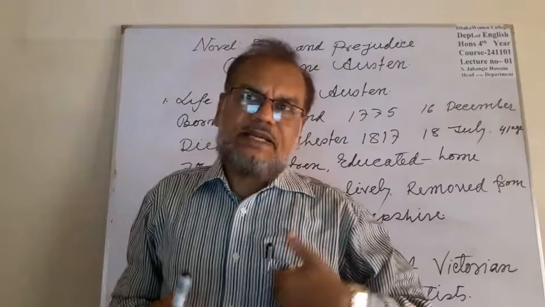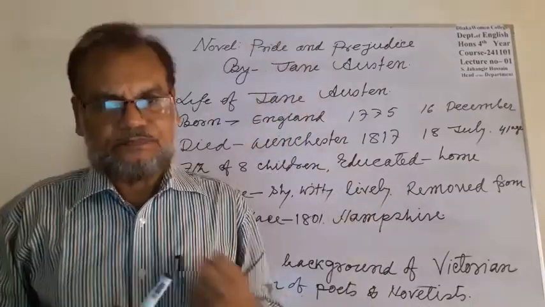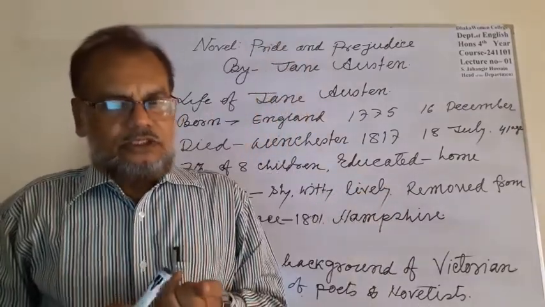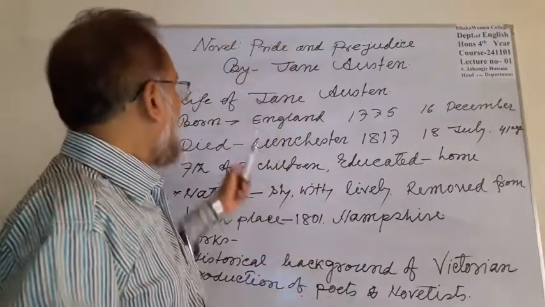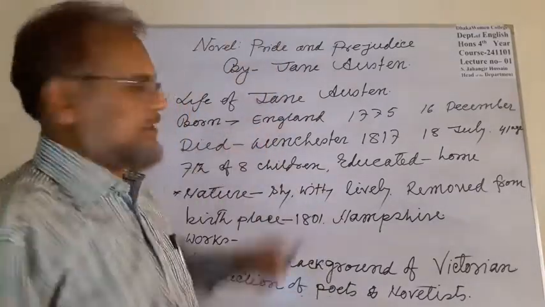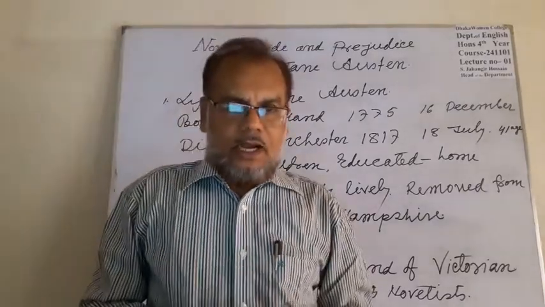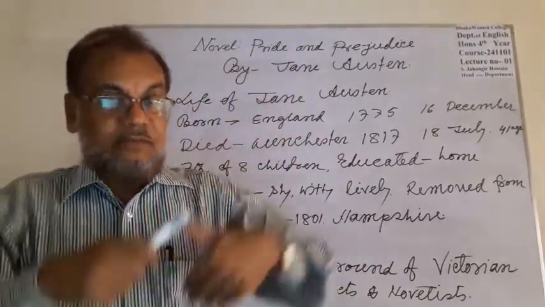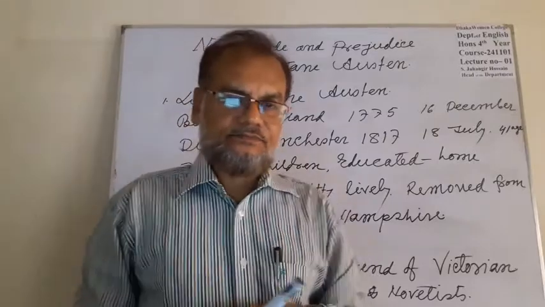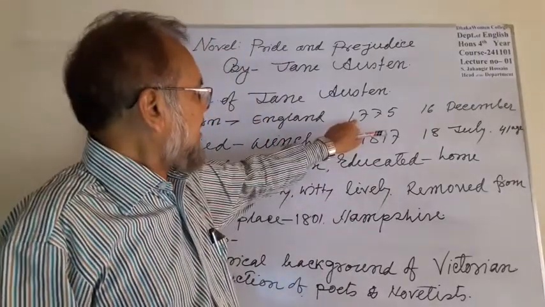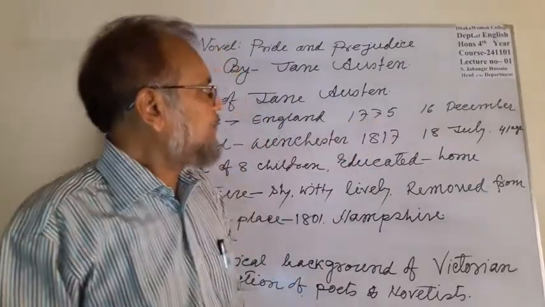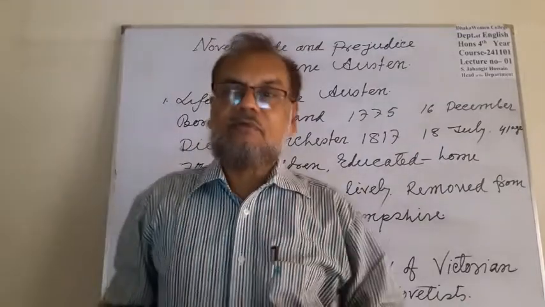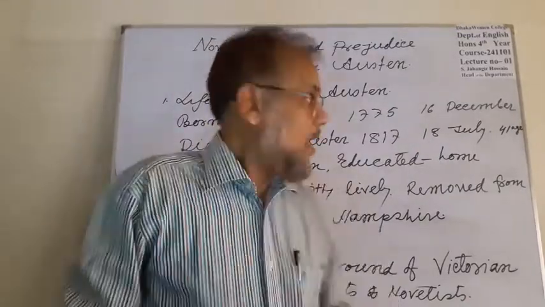Jane Austen is a famous novelist. She was born in England, and the place name is Steventon, Hampshire, in England. It was 16th December 1775.